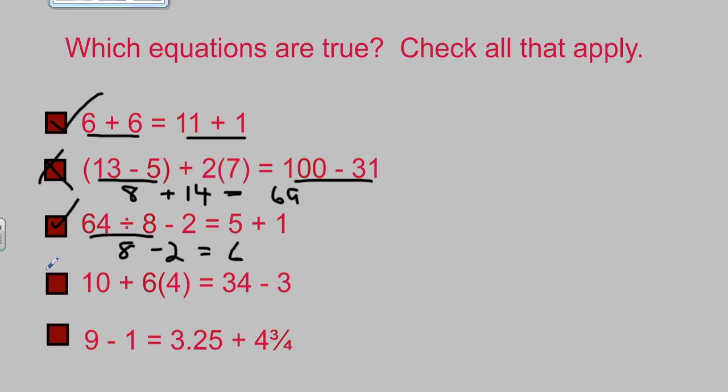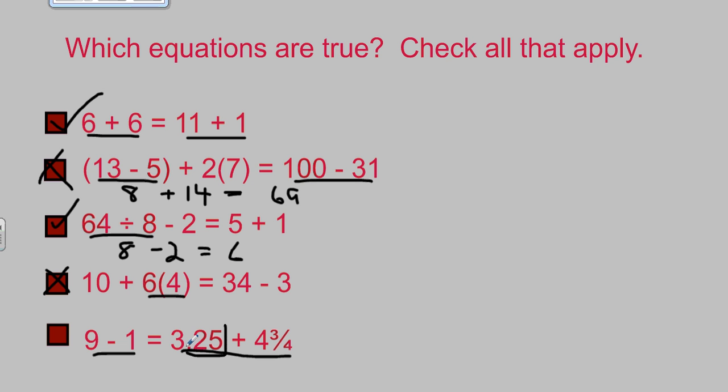Okay, this one here, this is 24 plus 10, which would be 34. And if you're subtracting, that's obviously not going to work out. And finally, my last one, 9 minus 1 is 8. And when we add these numbers together, can anybody think of the fraction that is the same as 25 hundredths here?